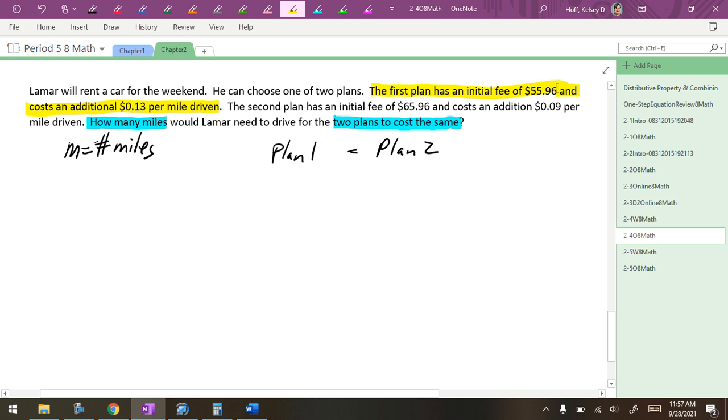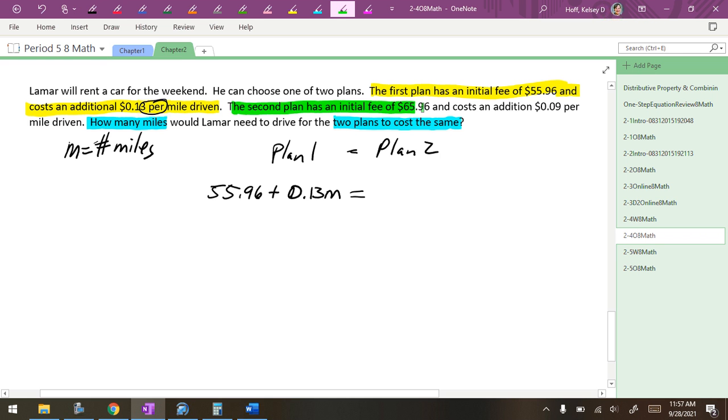All right. Who can tell me how to represent plan 1? Somebody who has not given me an answer today. How can I write plan 1 or the left side of this equation? Tori. Thoughts? 55.96 plus 0.13 m. Keyword? Per. Did she put the variable with the right number? Nicely done. Good work.